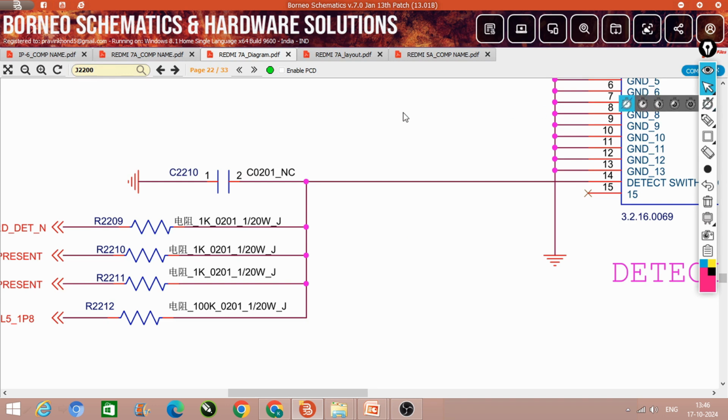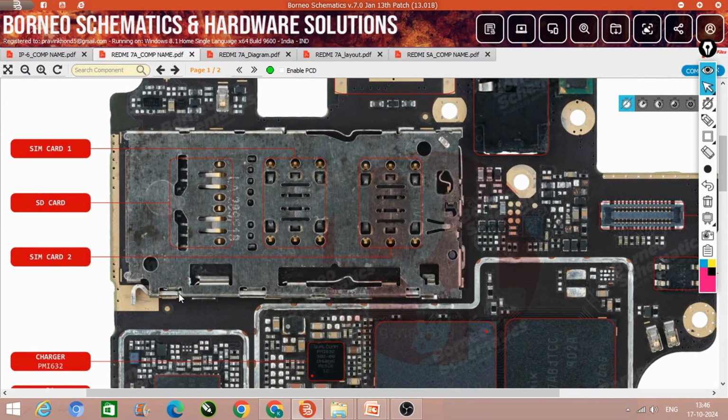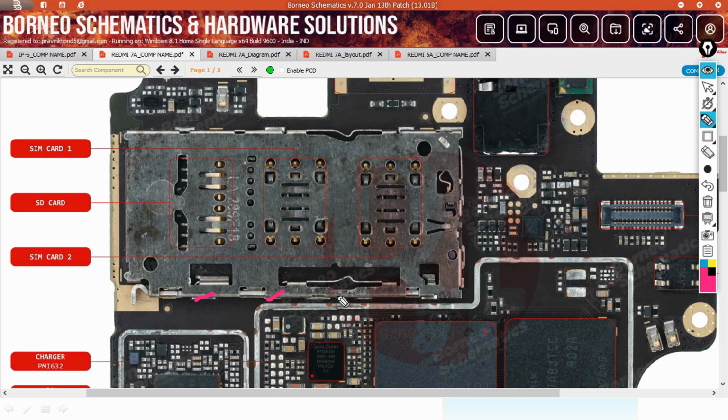Now I am explaining it on a motherboard. For this I am going to open the motherboard. Now here it is, the motherboard. There are all pins soldered outside, right here, right here, right here. These all pins are soldered with the ground for protection of the SIM tray, right?